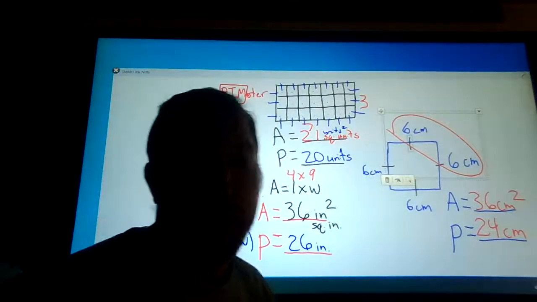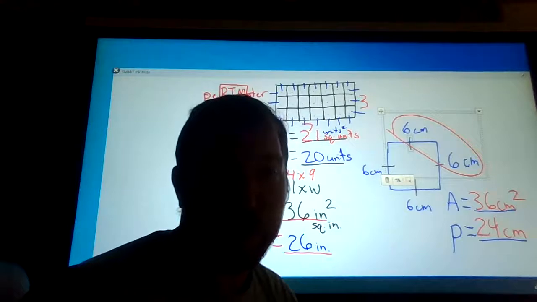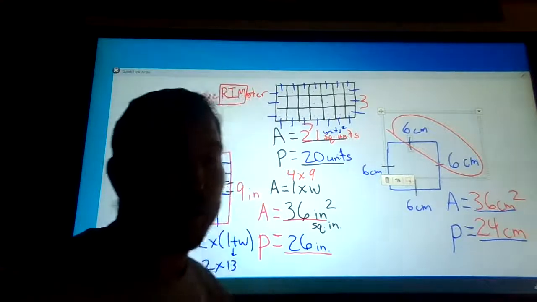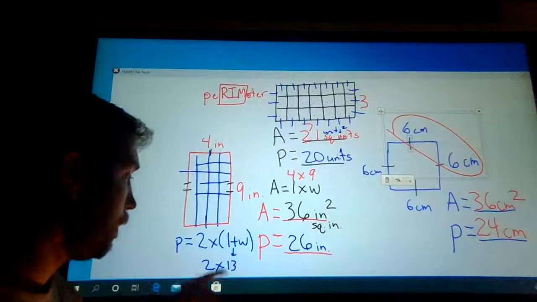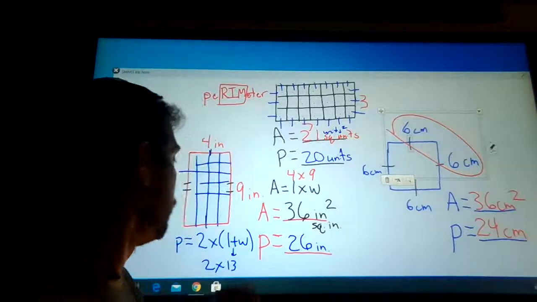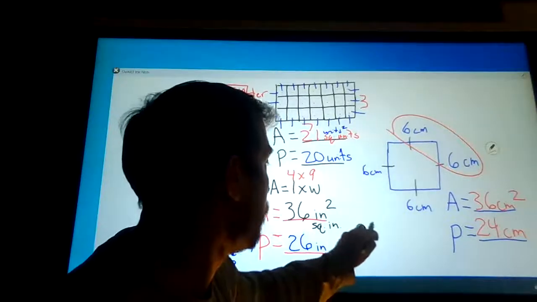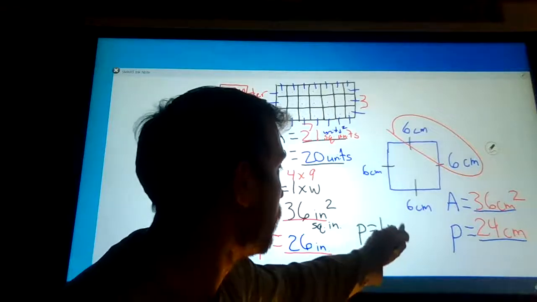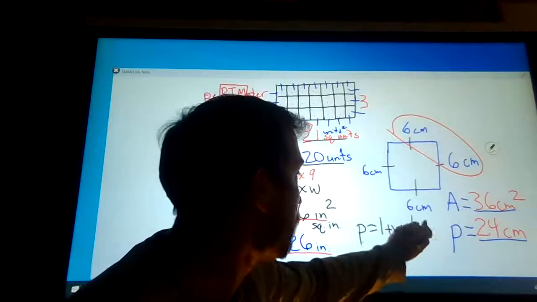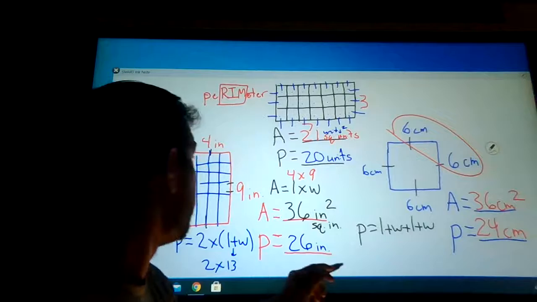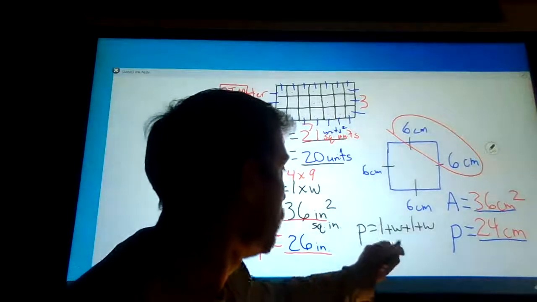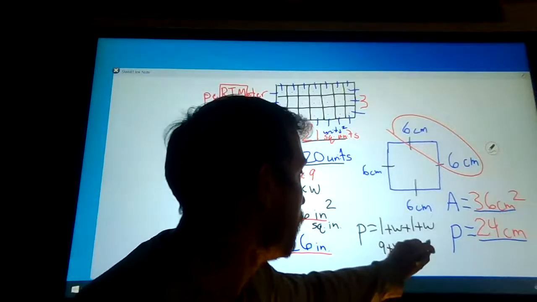All right, so that's our basic idea for area and perimeter. You just have to remember the difference between the two. Oh, and I meant to tell you the other way to find the perimeter. The other formula is just length plus width plus length plus width, where I do 9 plus 4 plus 9 plus 4.